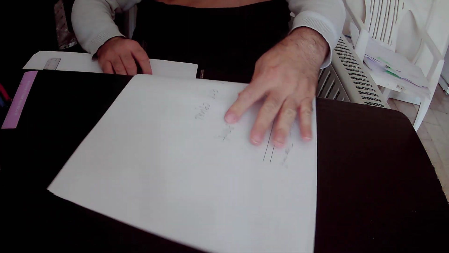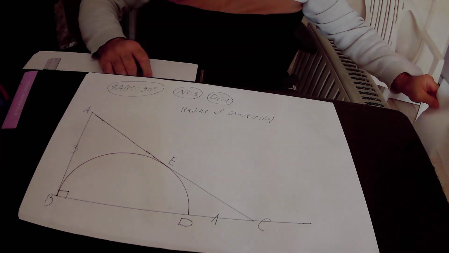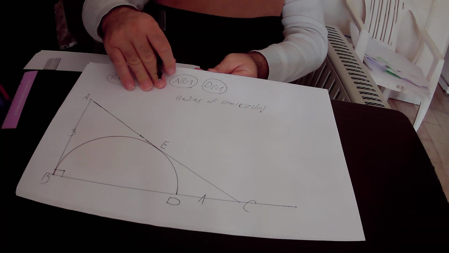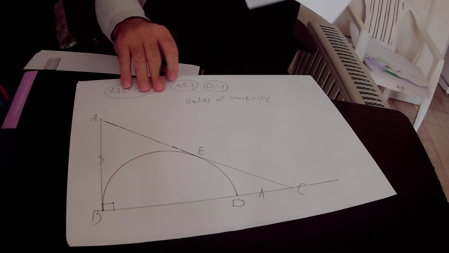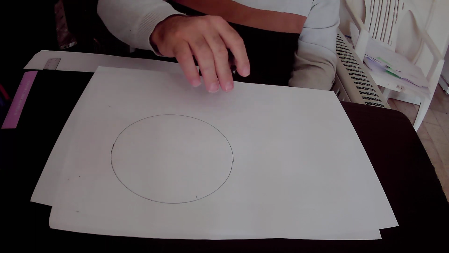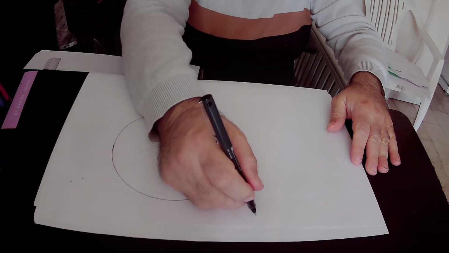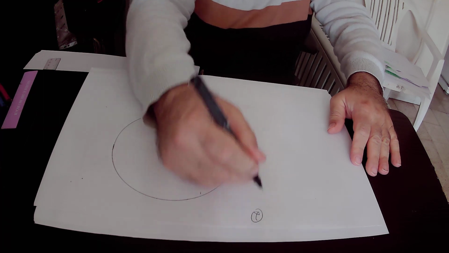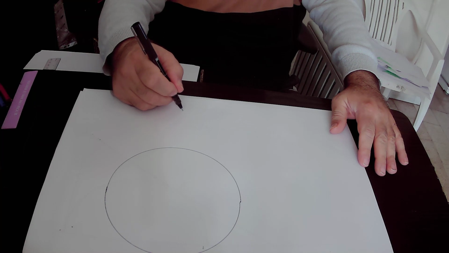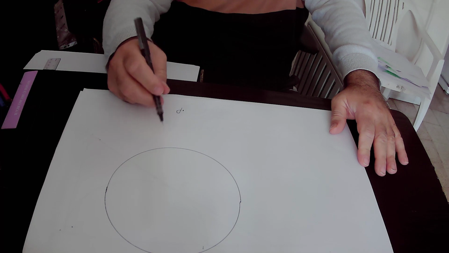So what is the meaning of rule number 1? The meaning of rule number 1 is that if you have a circle, suppose that we have this circle, and we also have an external point, point P is an external point of this circle.